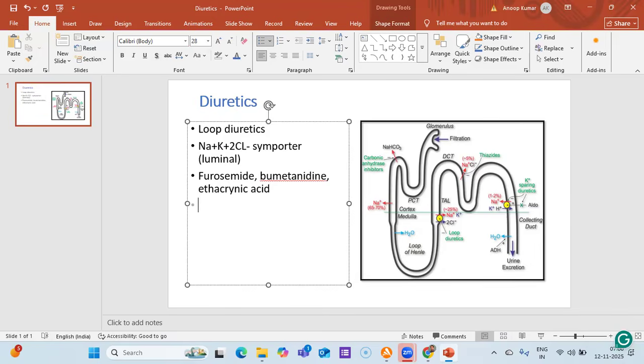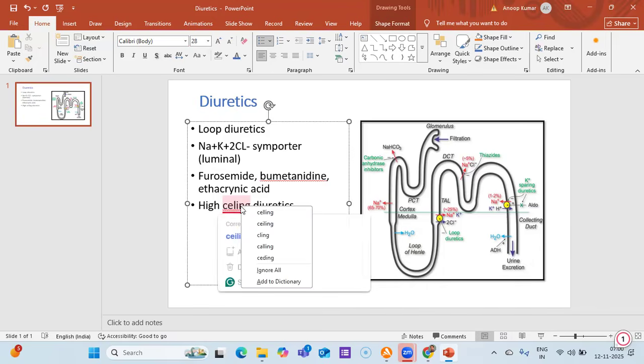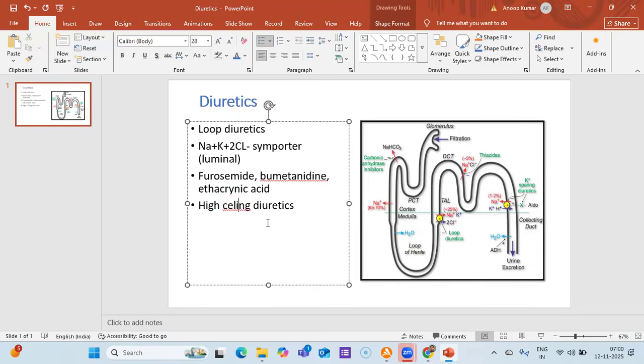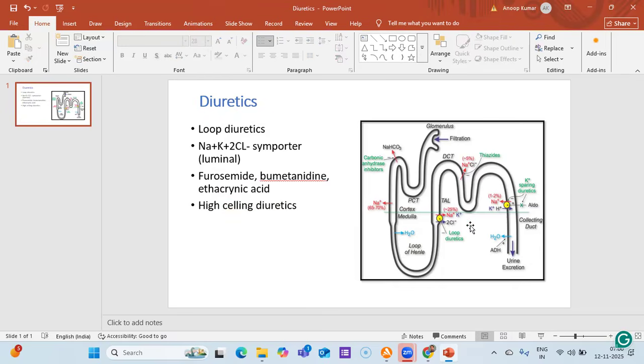Loop diuretics we also call high ceiling diuretics, because you get the maximum effect. They are acting on this part, right?